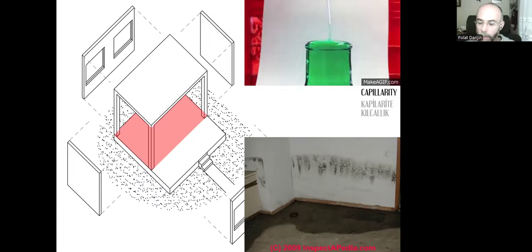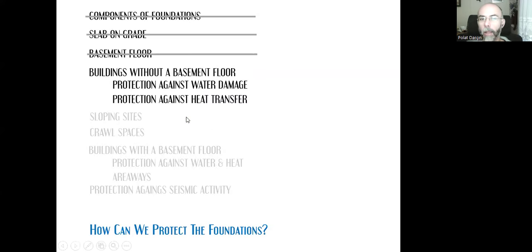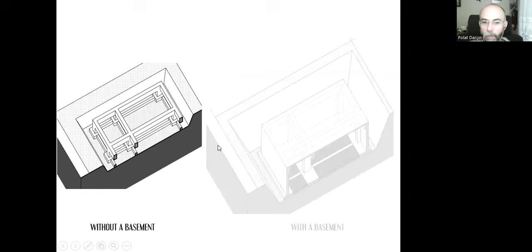We need to provide protection for the building components and the space user. That means we need to provide insulation against water damage. We need to provide insulation against heat transfer.